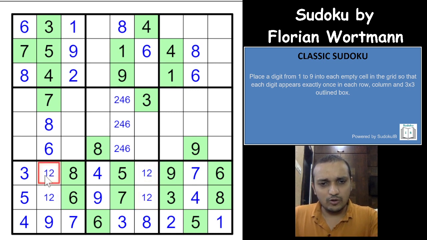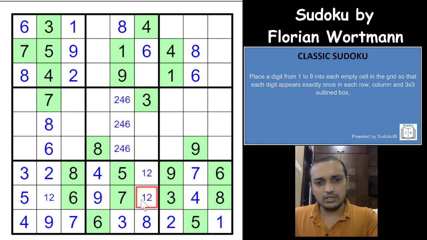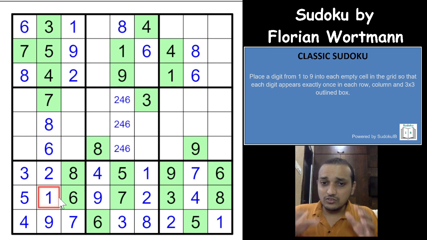So if I write a 1 here and a 2 here, or if I write a 2 here and a 1 here, there is nothing happening with the other digits that will give you a contradiction, right? So at the end of this Sudoku, even if this 1 2, 1 2 pair is still the same, you will have two solutions.